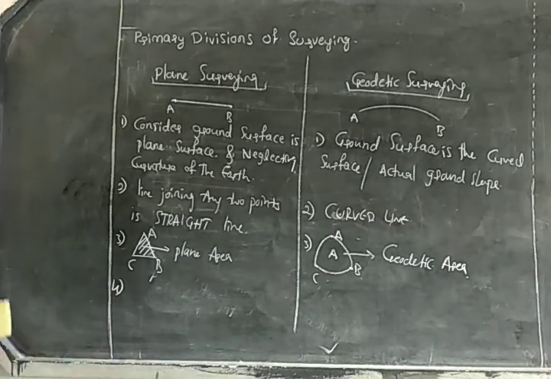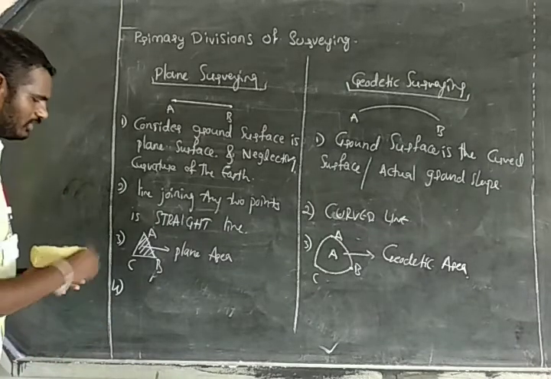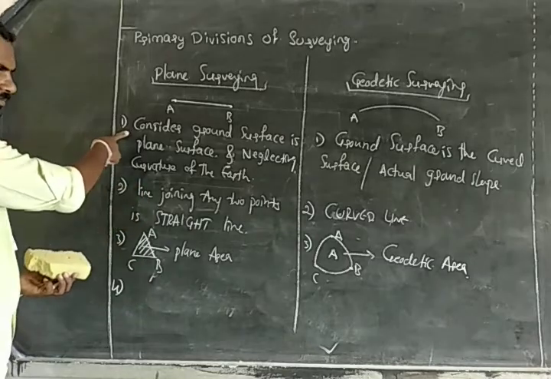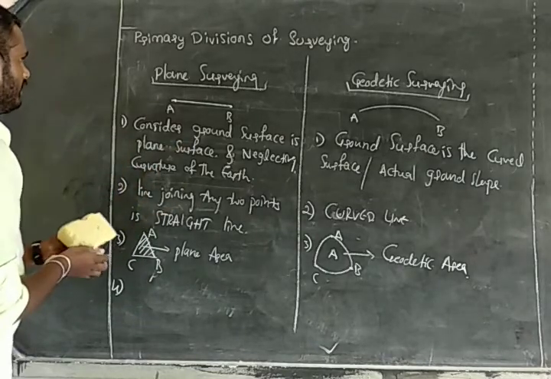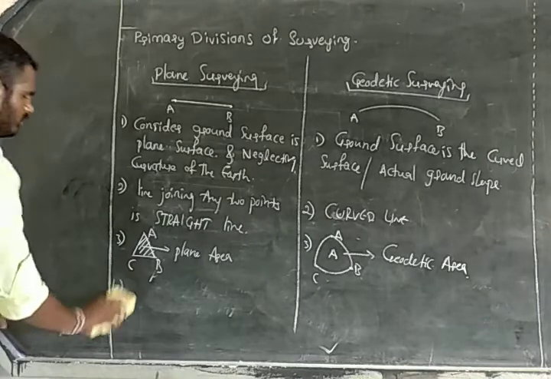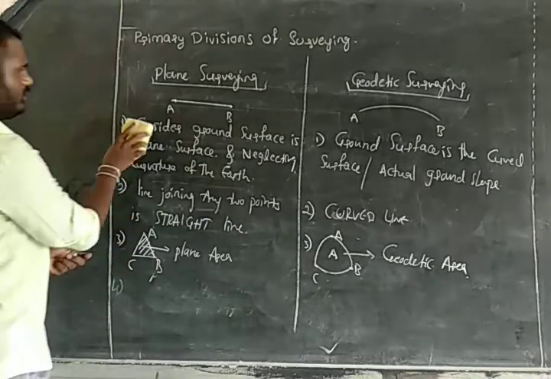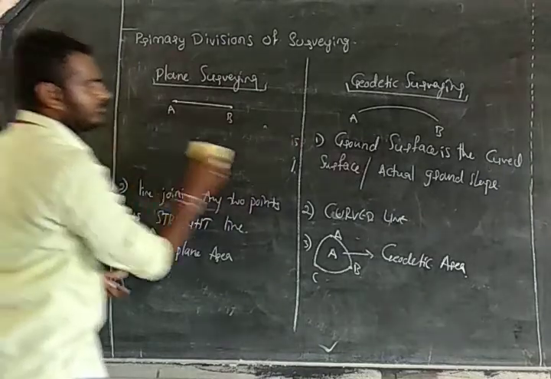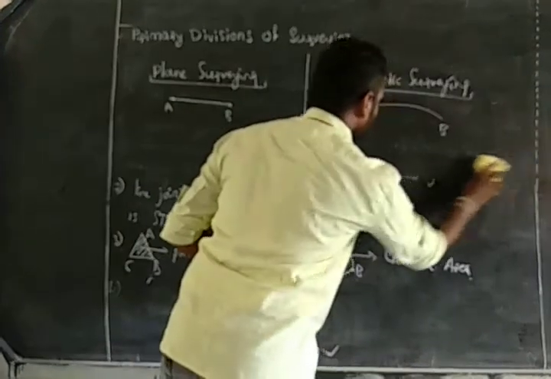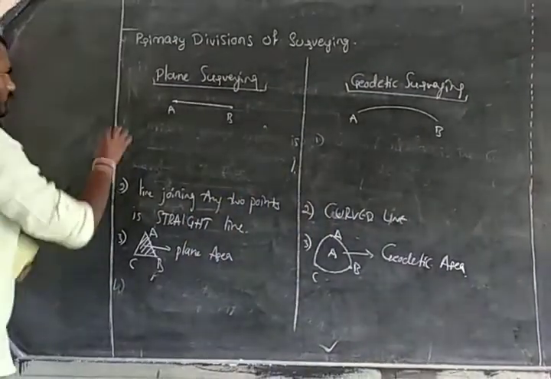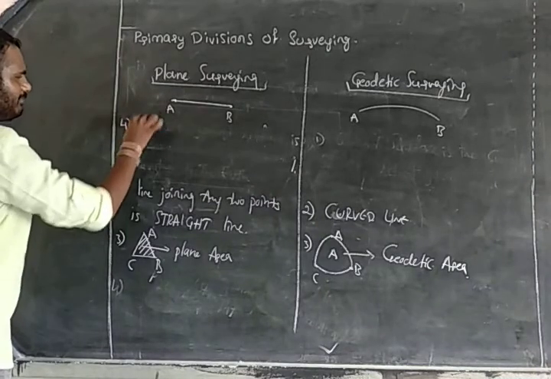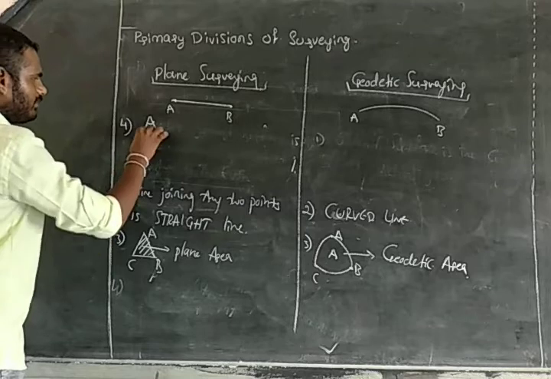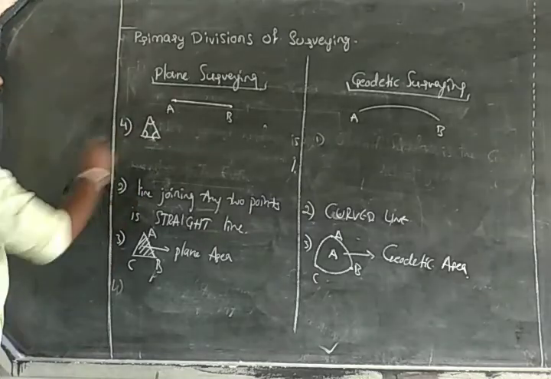I think it is better to write over here, because I don't have sufficient space. For the same triangle, you will have some angles here.